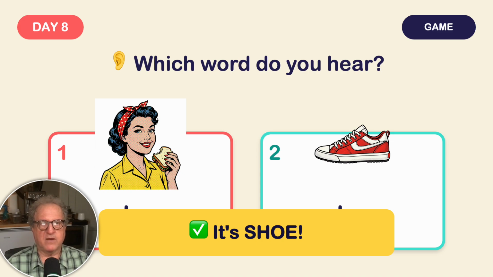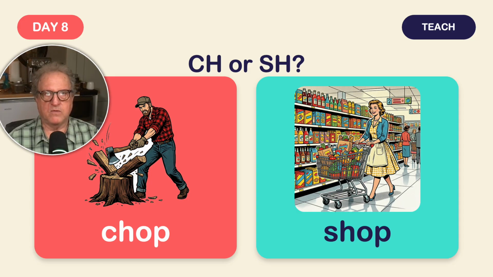Let's go to the next one. Let's go to this one. So the word on the left is chop, and the word on the right is shop. Repeat after me. Chop, chop, chop.